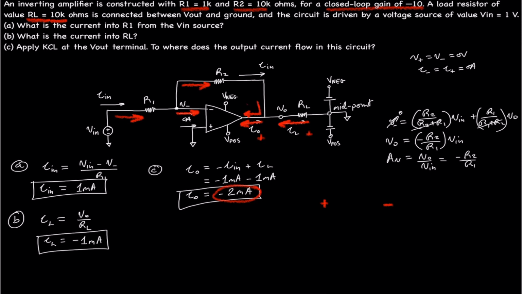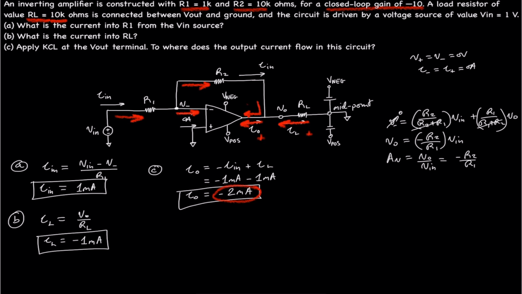Therefore, the output current flows into the output of the op amp, and the current from the Vin source flows through R1 and through R2 to get to the output terminal.